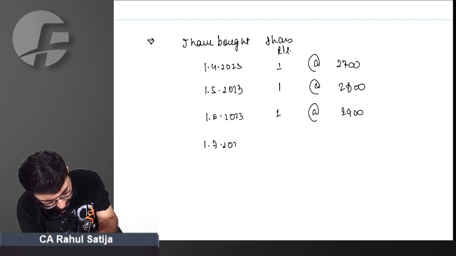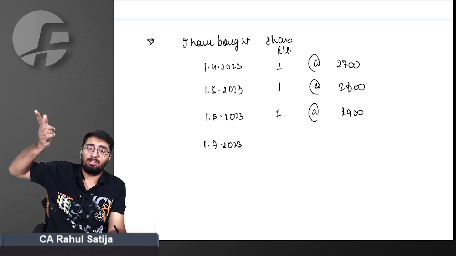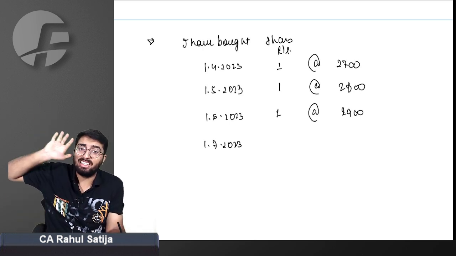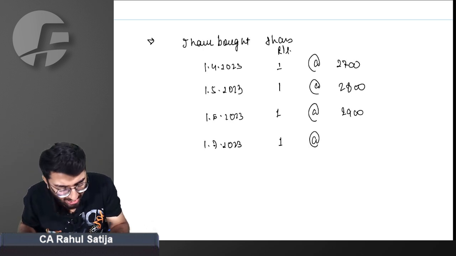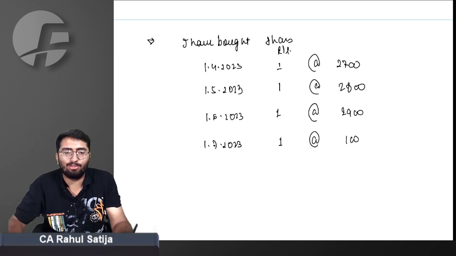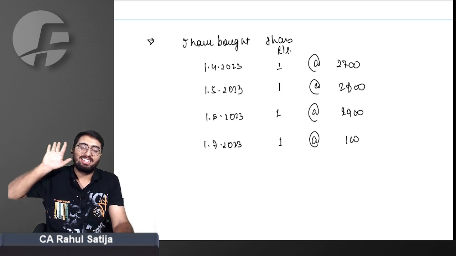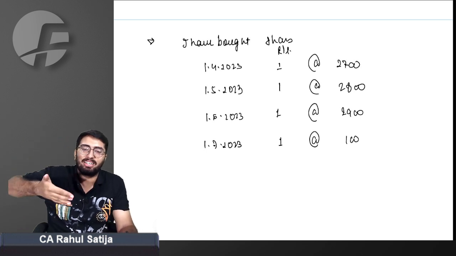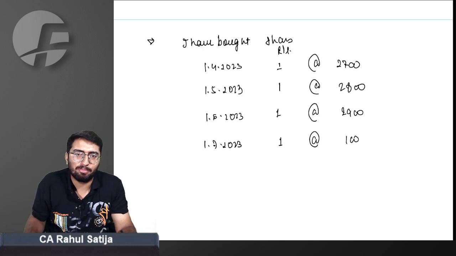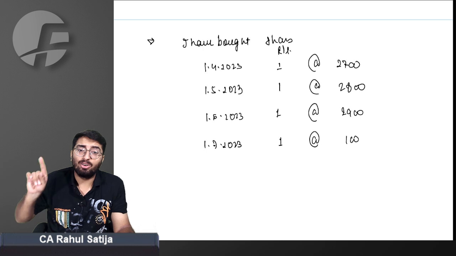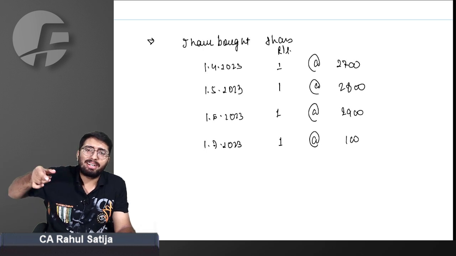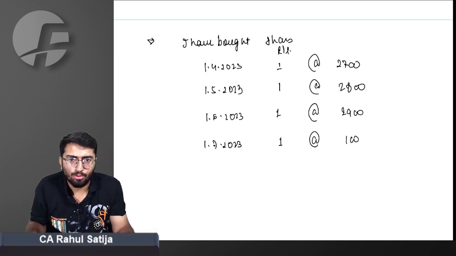On 1st July 2023, I had a physical share. My father had bought it in 1990 at rupees 100. I got it dematerialized, and costing was rupees 100. That share was bought at rupees 100, so in demat also the price will be shown as 100 only. I did this on 1st July.